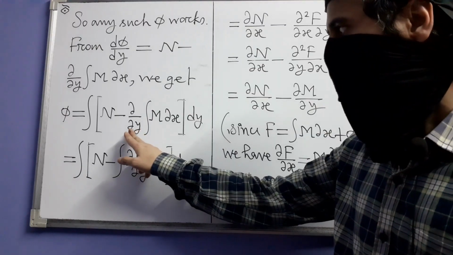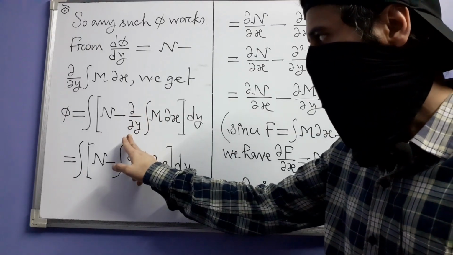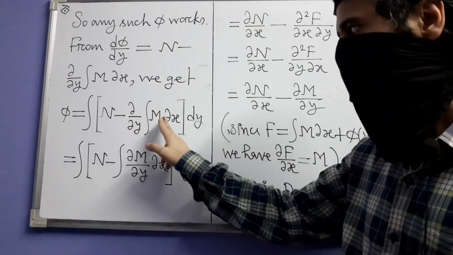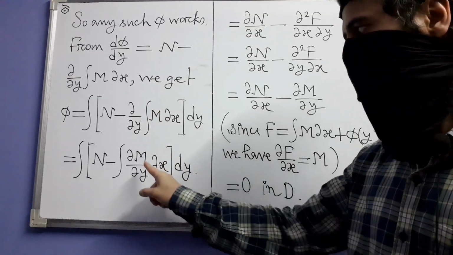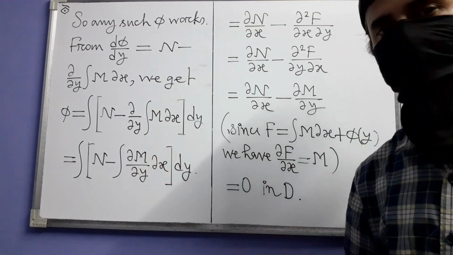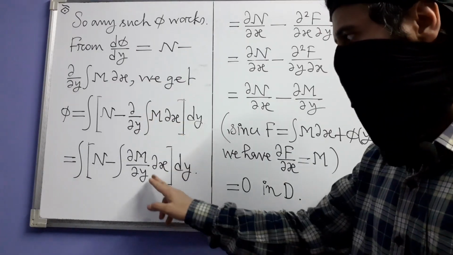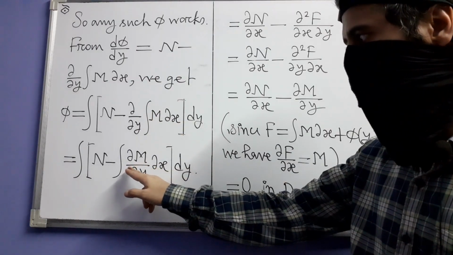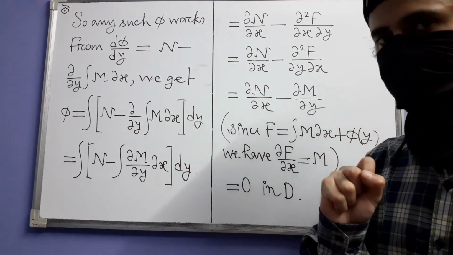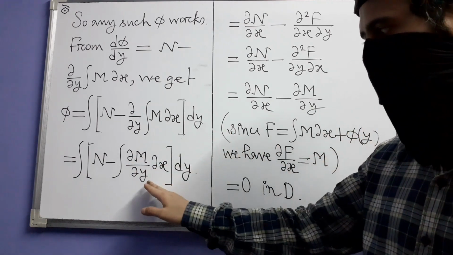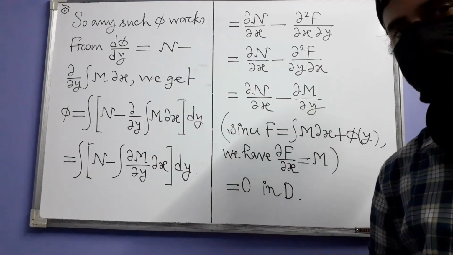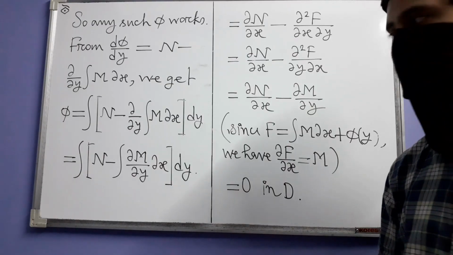Now you can take this partial derivative with respect to y inside this integral and differentiate m first, because the integration is with respect to x. Integration with respect to x and differentiation with respect to y, these things are independent. That is why.